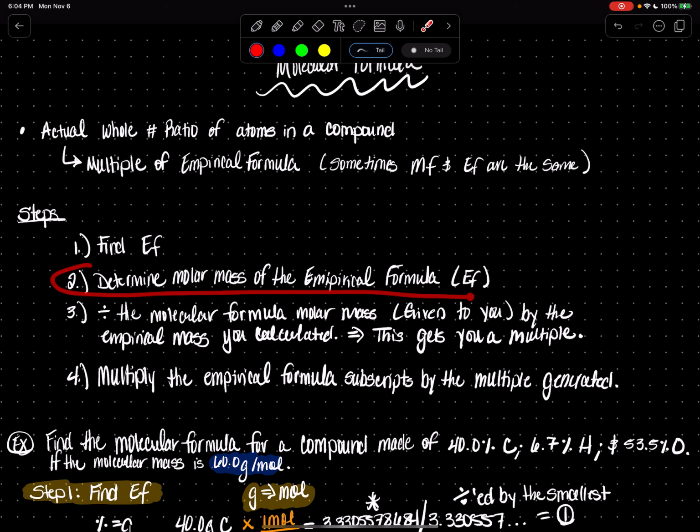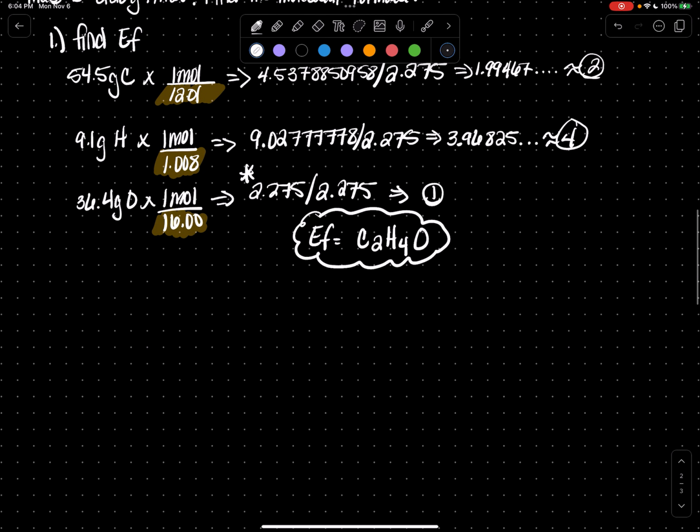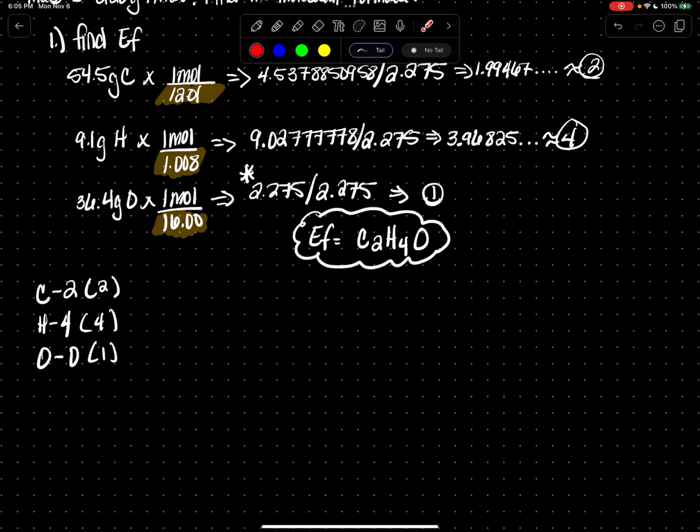Now I have to determine the mass of my empirical formula, so let's go to work on determining that mass, which by now we can do in our sleep, hopefully. I sat here and wrote it all twice.